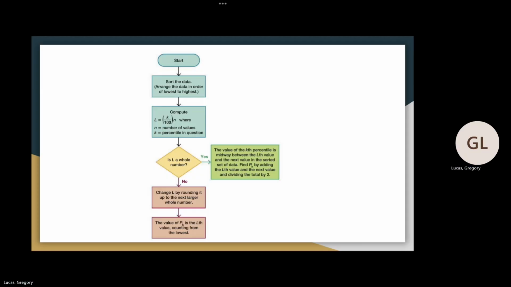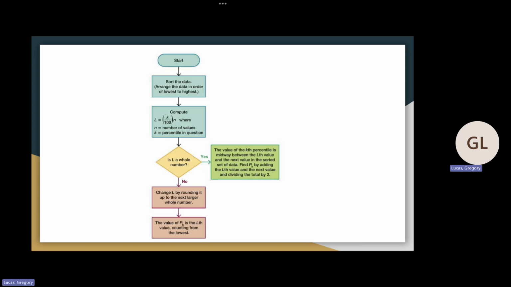Right. So here's a little chart of what we're going to be doing. First, we want to sort the data. It's always easiest if we have lowest to highest. Okay. So if we want to compute L, we do K divided by 100 times N, where N is the number of values, K is the percentile in question.